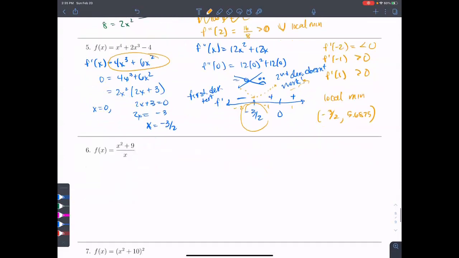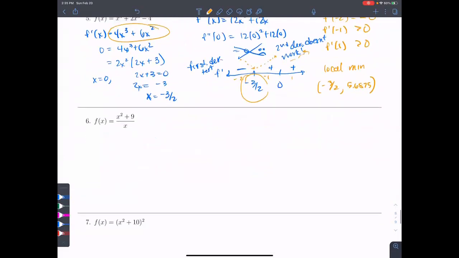All right, number 6. Actually, let's rewrite this. This would be x plus 9 times x to the -1. So f prime of x is 1 minus 9x to the -2, which is undefined at x equals 0.